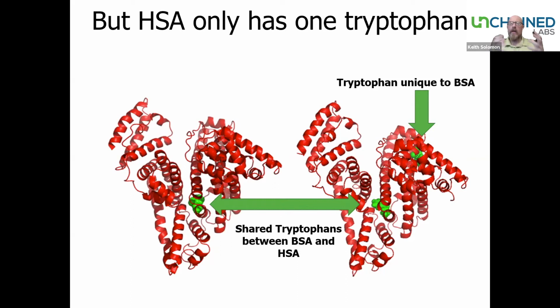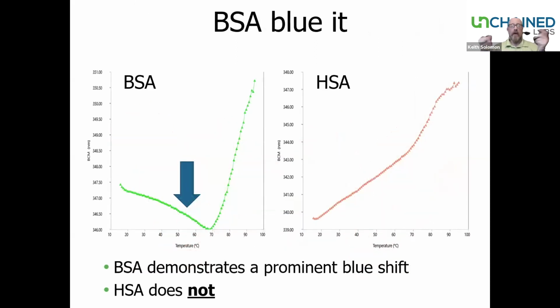So how does HSA differ from BSA with regard to its melting profile? Here we're looking at BSA on the left and human serum albumin on the right. They were both exposed at the same time to the same temperature ramp from 15 to 95 degrees at a 0.5 degree ramp rate.